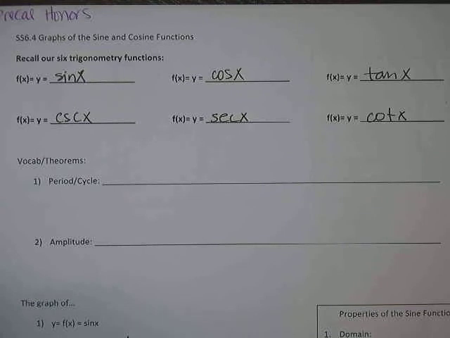So let's talk about the two definitions here. Definition: period or cycle. Some books will use period and some books will use cycle, but it means exactly the same thing.